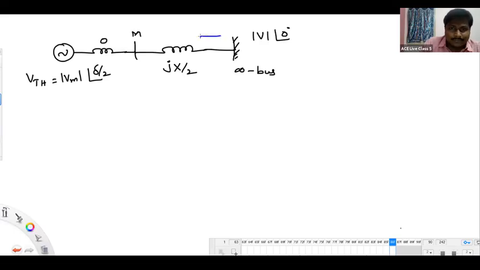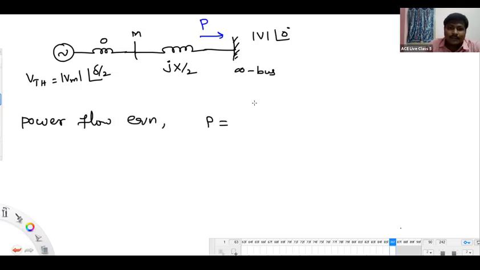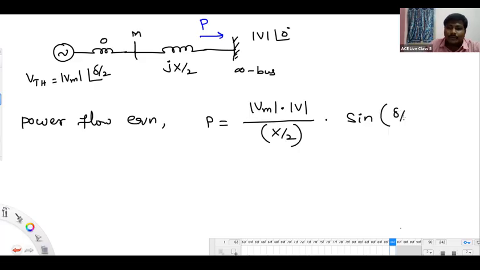Now, can anybody tell what is the power flow equation from this network? P is equal to mod Vm into mod V by X by 2, into sine of delta by 2 minus 0.